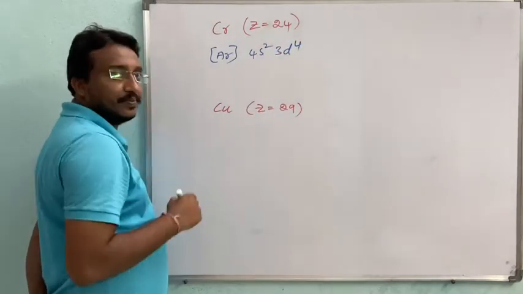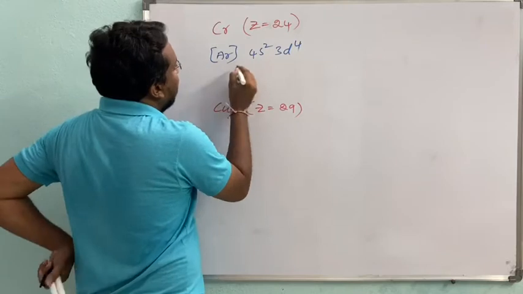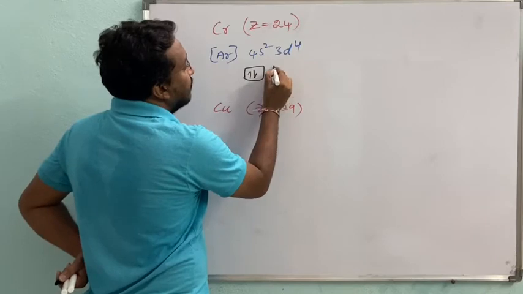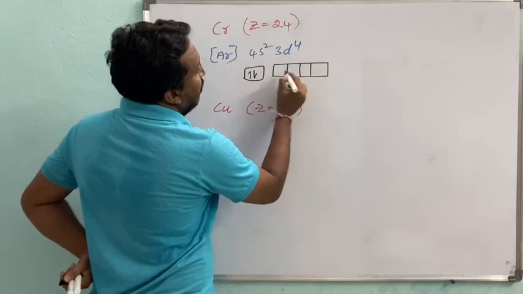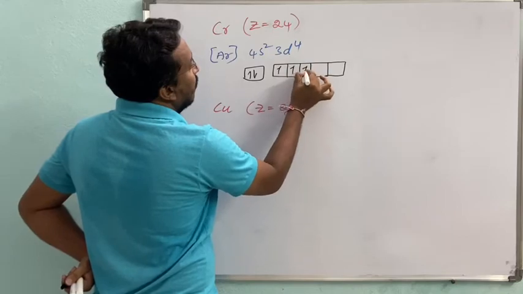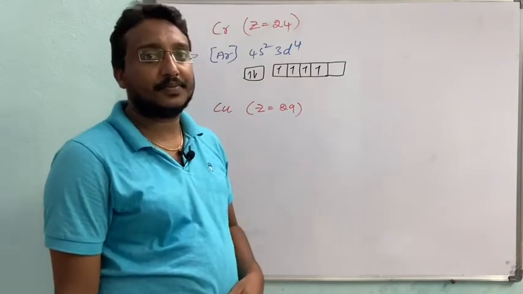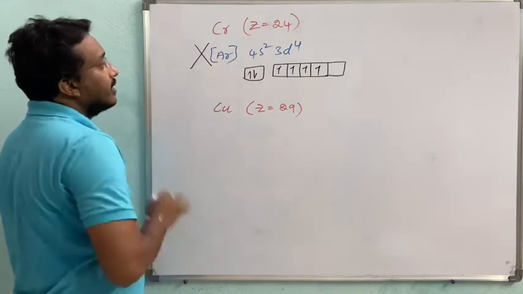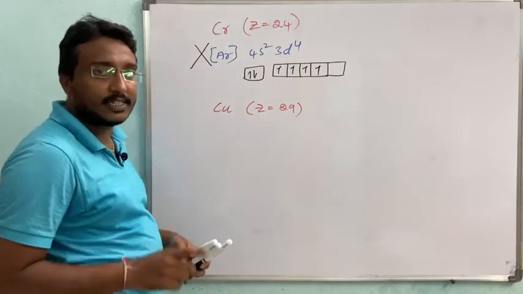We will write like this, 1, 2, 3, 4, generally, but this is the wrong electronic configuration of chromium, right?